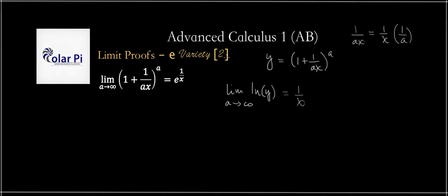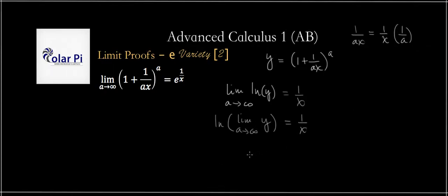From here, as we did in video 1, we recall that this is the same as the natural log of the limit as a goes to infinity of y. Notice that to go from here to here, I've put the limit inside of the natural log, with the argument, and we're allowed that; it's a limit rule. So this is equal to 1 over x.